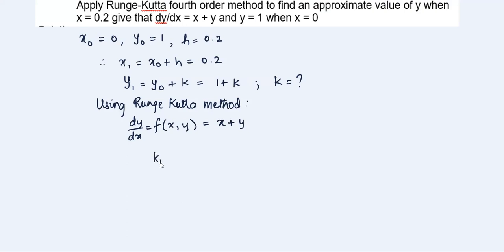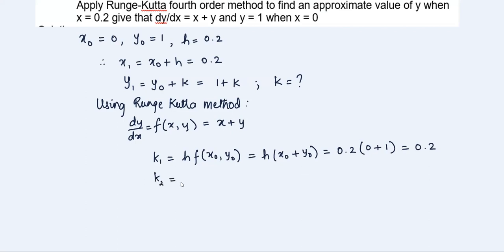Now k1 is h times f of x naught, y naught. So this is h times x naught plus y naught. h is 0.2, x naught is 0, y naught is 1. So you get k1 equal to 0.2.